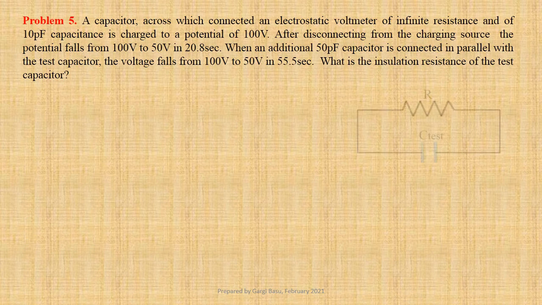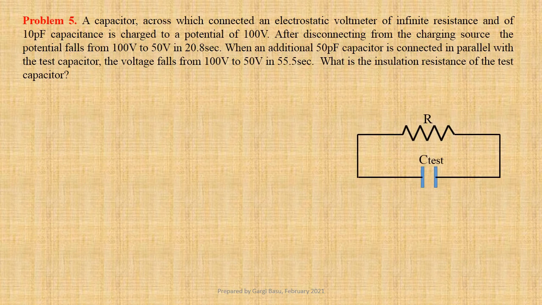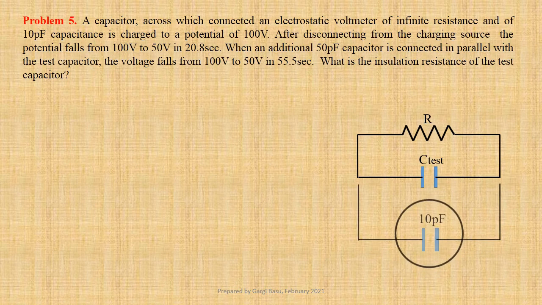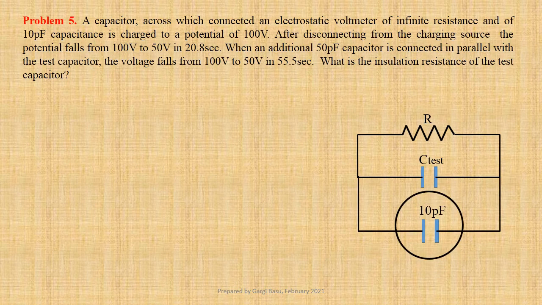Problem number 5. A capacitor, across which is connected an electrostatic voltmeter of infinite resistance and of 10 picofarad capacitance, is charged to a potential of 100 volts. After disconnecting from the charging source, the potential falls from 100 volt to 50 volt in 20.8 seconds.